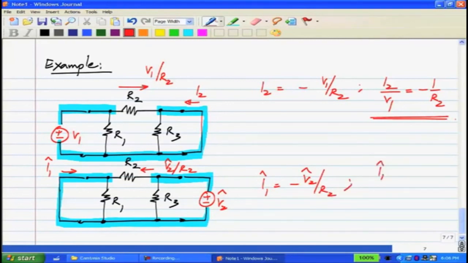Which means that I1 hat by V2 hat is minus 1 by R2. So this illustrates reciprocity. We've already proved it for the general case, but it's always a good idea to work out some real examples and convince yourselves that this is indeed the case.